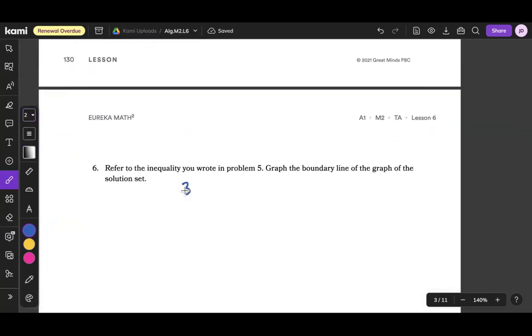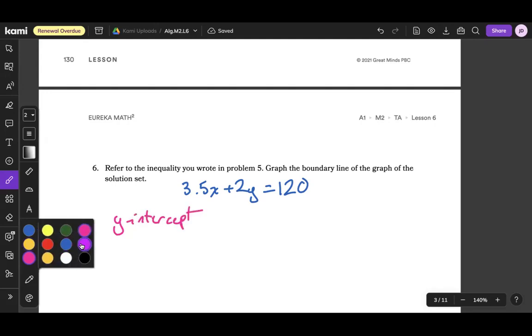So 3.5x plus 2y equals 120. This is in standard form, so either convert it to slope-intercept form or use this to find your y-intercept and your x-intercept.